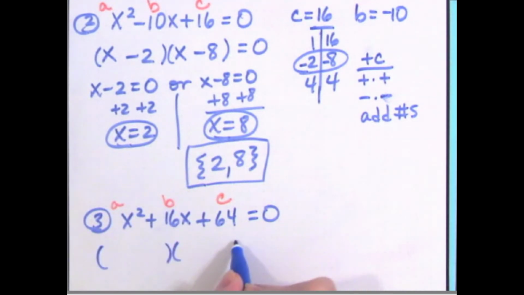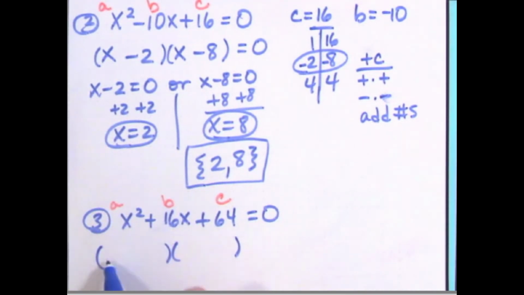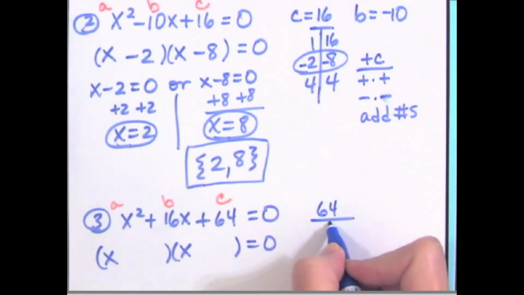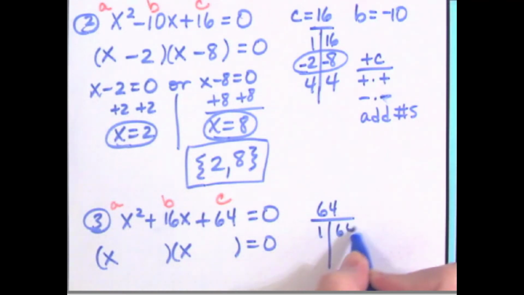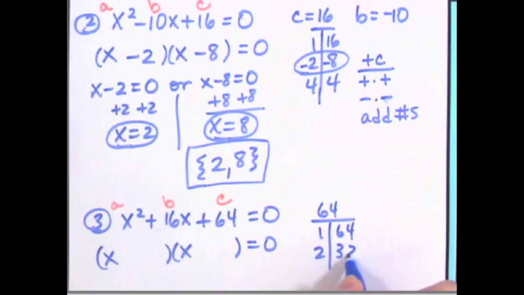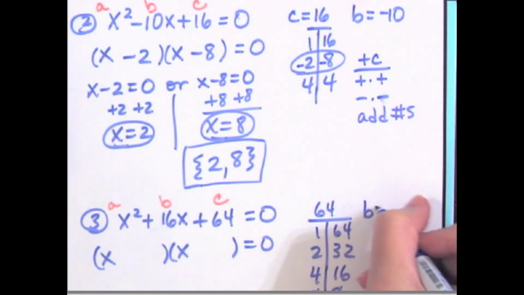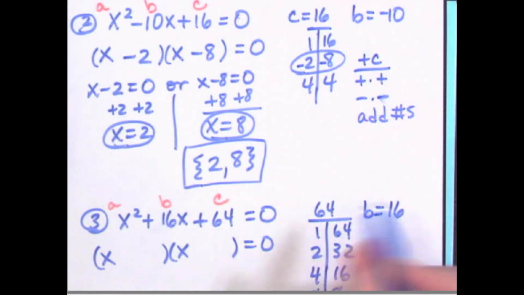So in our parentheses, we're going to have x times x to get our x squared, and we need factors of 64. So 1 times 64, 2 times 32, 3 doesn't go, 4 times 16, 5 doesn't go, 6, 7, 8. 8 times 8. And we're trying to get for our middle term, that's 16.